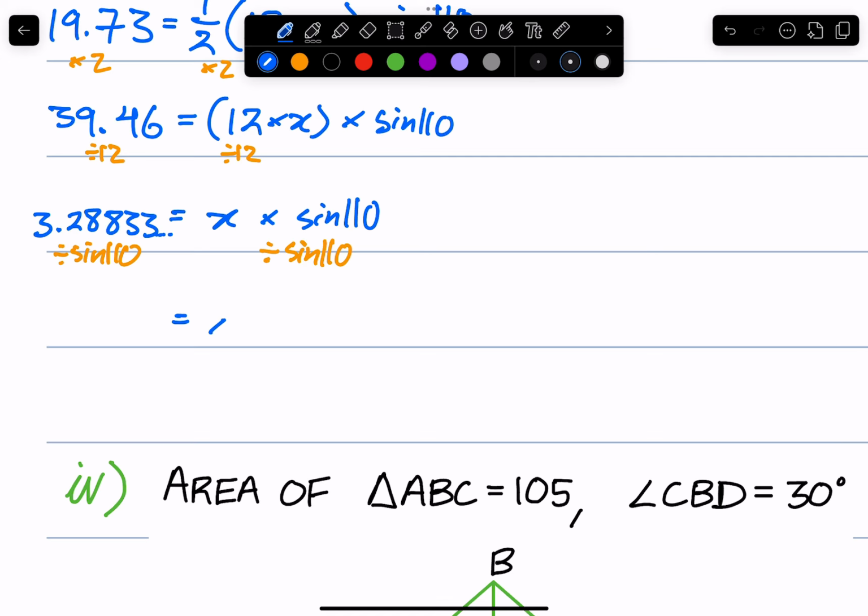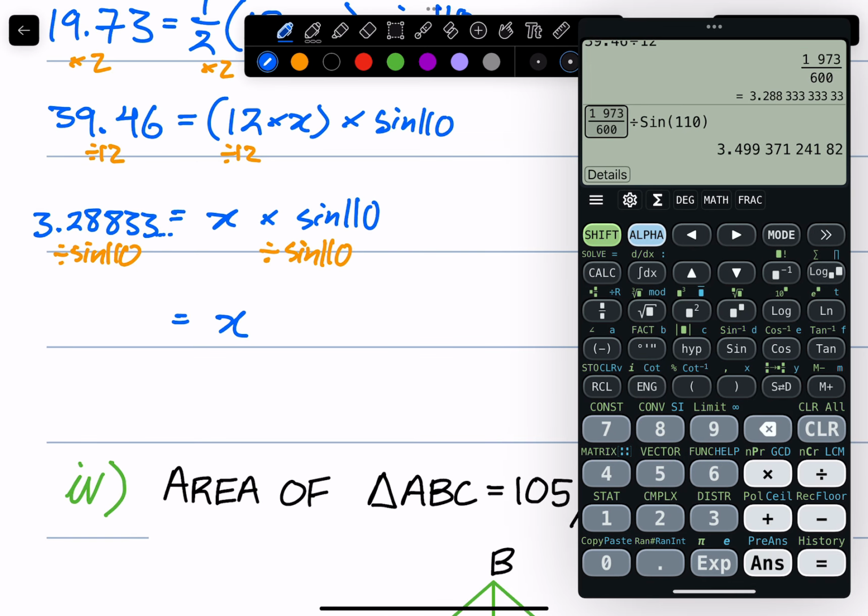As we saw there, the answer to that was 3.4993, which I made this question so that it rounds up to 3.5. So x is equal to 3.5.